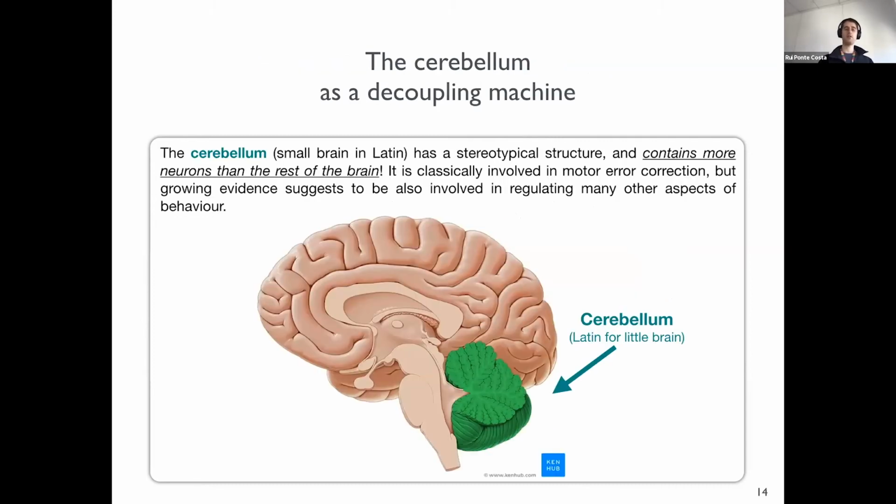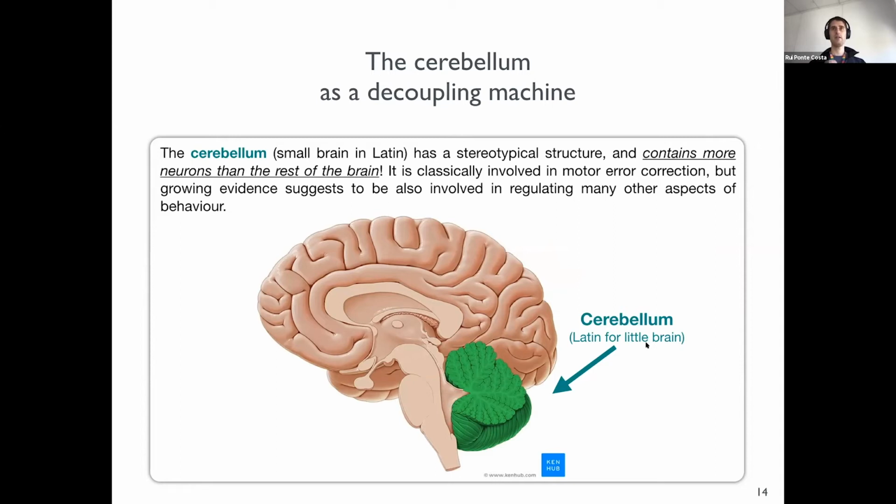What we are proposing in our work is that this algorithm is implemented in the brain by a very special brain structure called the cerebellum, which is Latin for the little brain. One of the remarkable facts about the cerebellum is that it has more neurons than the rest of the brain combined.